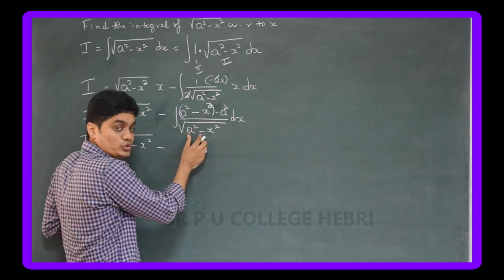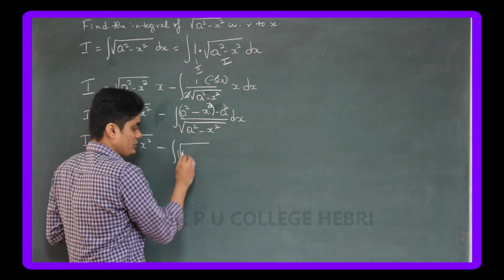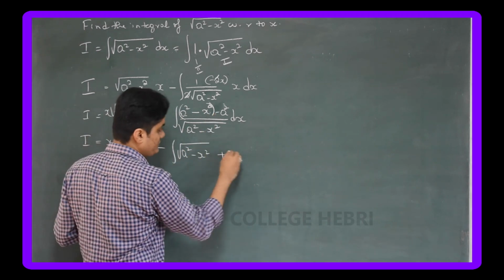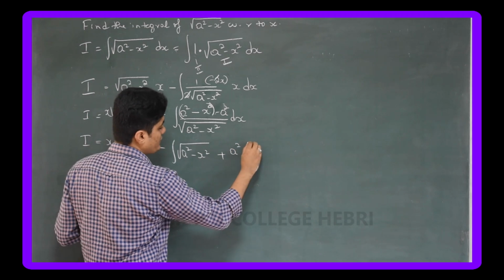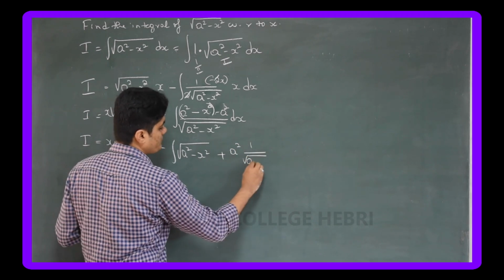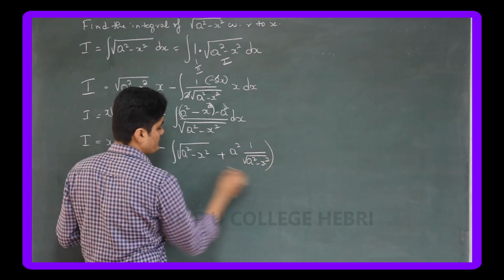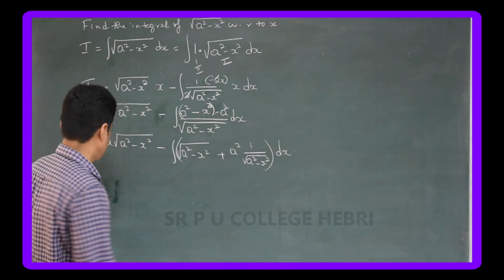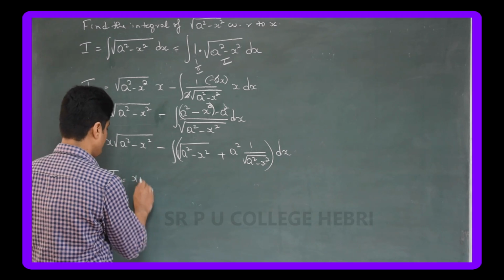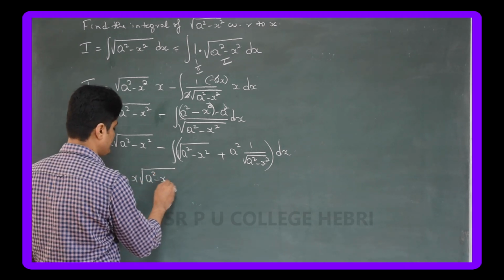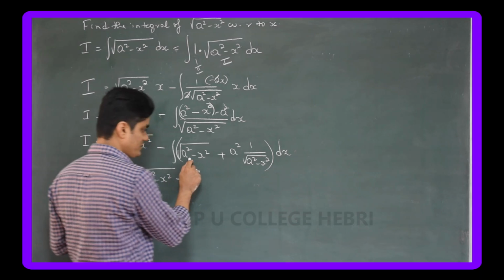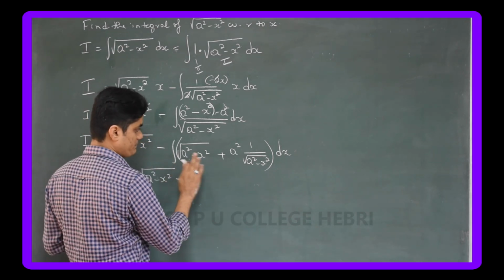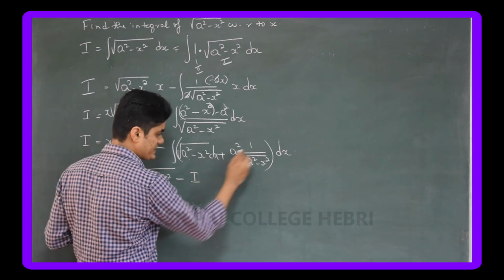What is x square by root of a square minus x square? It splits, and you get minus the integral of root of a square minus x square, plus a square into 1 by root of a square minus x square. Now you have to integrate this. So I is equal to x into root of a square minus x square. See, this is also I only, right? This is also I.